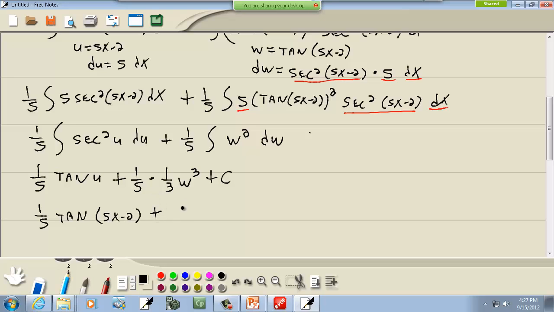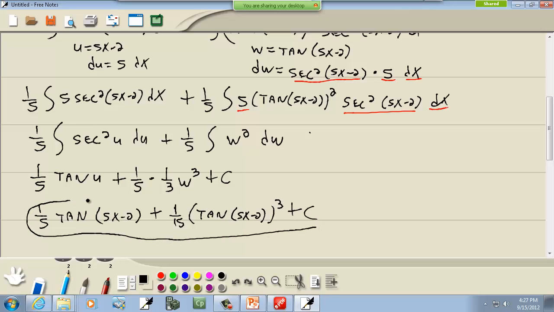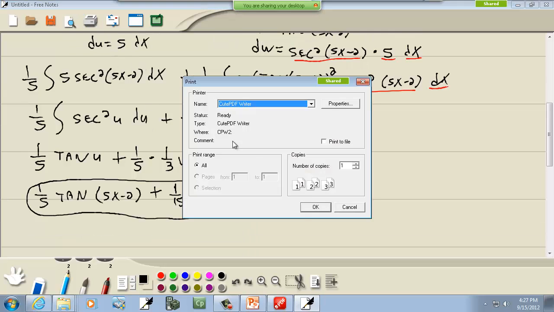And over here, 1/5 times 1/3 is 1/15. Plug in the w. On this one, we said w was tangent 5x minus 2. And that's our answer. You could put the 3 between the tangent and 5x minus 2 on this second part, but that's essentially it. So let me save that.